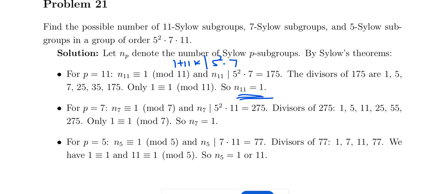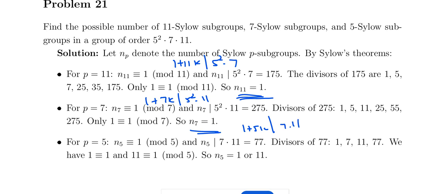Similarly, the number of 7 Sylow subgroups is 1 plus 7k, which divides 5 square into 11. So that is also unique. But the number of 5 Sylow subgroups, 1 plus 5k, should divide 7 into 11.